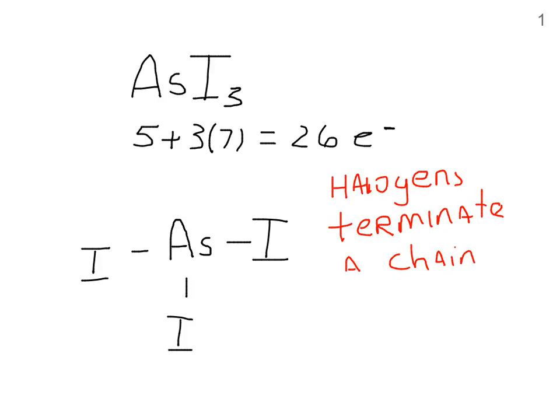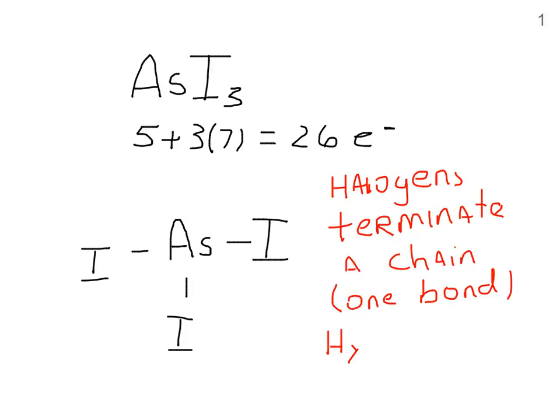So what that means is iodine's a halogen, so it's only going to have one bond to it. So halogens terminate a chain. The other one that is always going to terminate a chain is hydrogen.